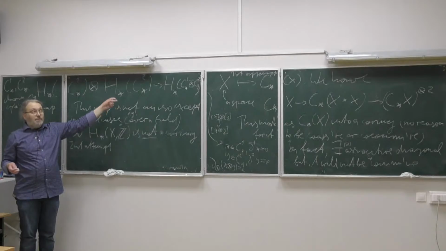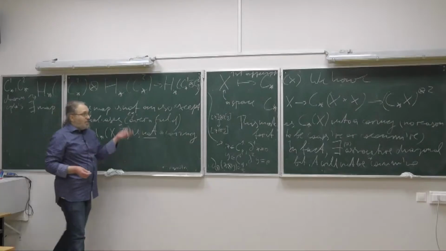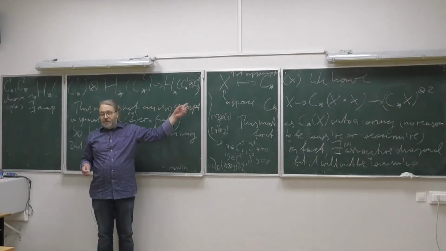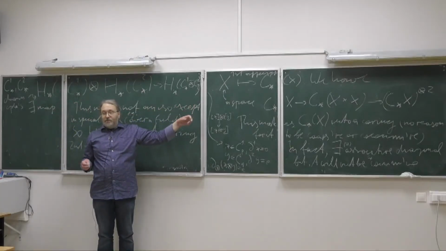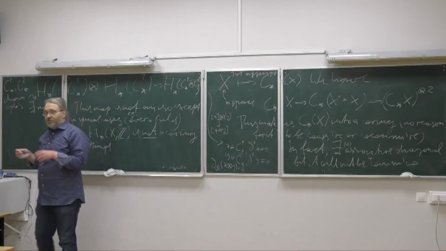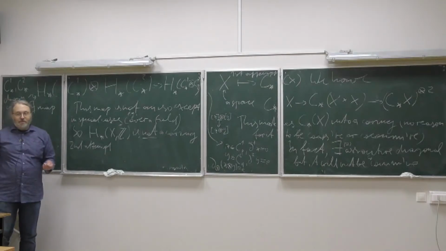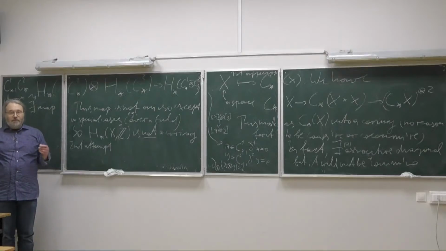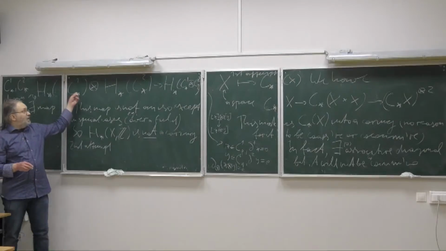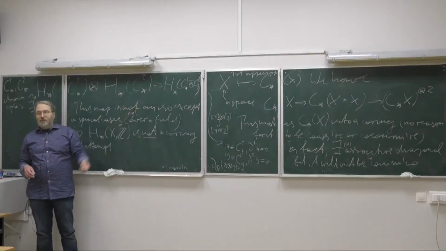Show by example that this map in general is not an isomorphism. Basically, we have already seen an example earlier today when we calculated the homology of RP2 cross RP2. If you take, for example, the cellular chain complex of RP2 as C1 and also as C2, you will get an example.